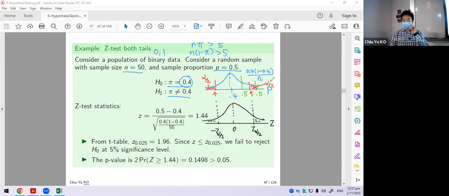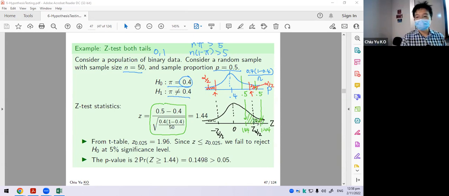What you're going to do is transform this 0.5 down there, and you do this calculation. I hope it is clear why this is the case, because it is 0.4 times (1 minus 0.4) over n. So this turns out to be 1.44.